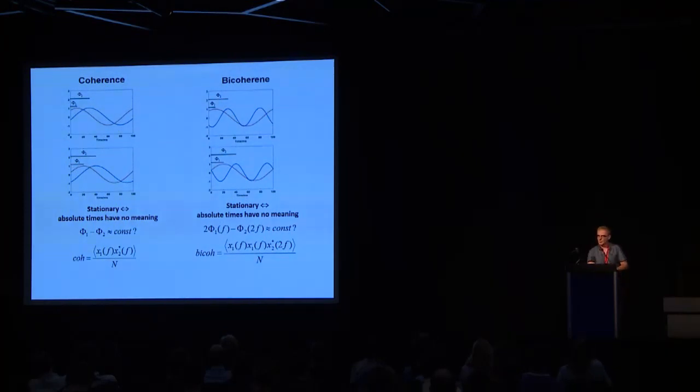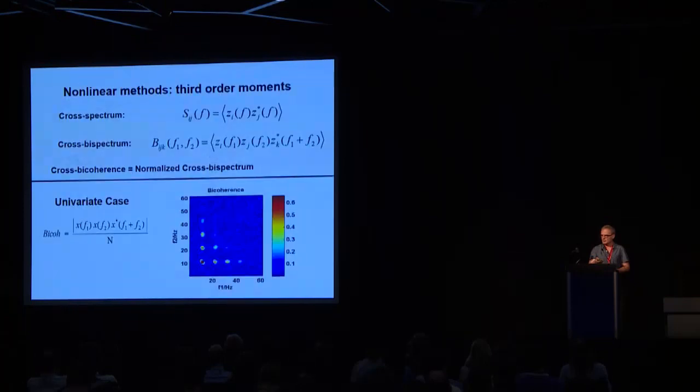So what would be constant is that 2 times the phase of the alpha would roughly be the same as the phase of the beta. It only makes sense to look at this difference and to study whether it is more or less constant, and this results in an equation for bicoherence. Like coherence, bicoherence takes this into account. So this was a simple case of one frequency coupled to the double.